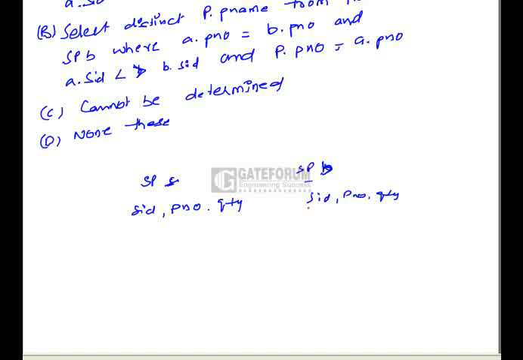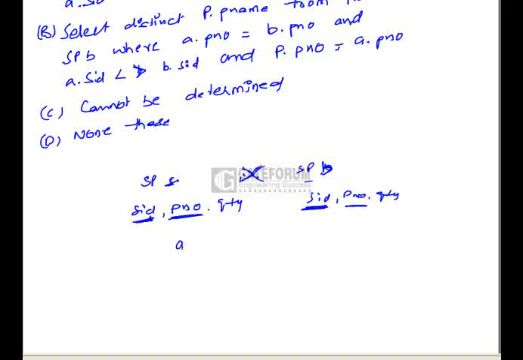We have to find the part name. First of all, let us find the part number which is having more than one supplier. So if we do cross product of these two tables, this part number should be same, and this SID should be different. Why? Because that particular part should have more than one supplier.